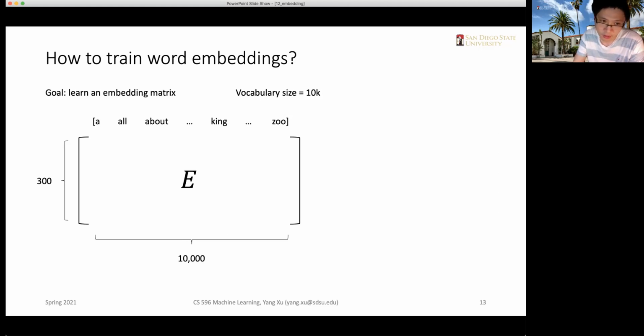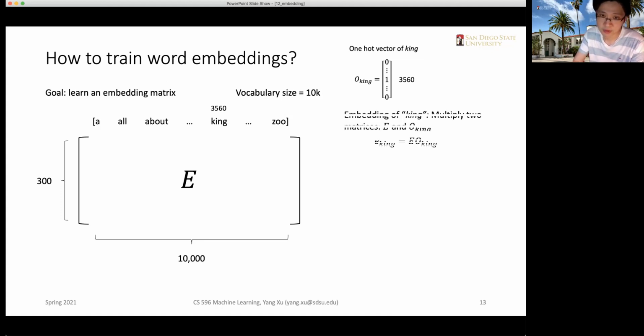So this embedding matrix, we can denote it using the capital letter E. Okay, and for example, king has the index 3,560. Then the one-hot encoding vector for king is a bunch of 0s, and a 1 at the position 3,560, right? And all zeros for the remaining elements, right?